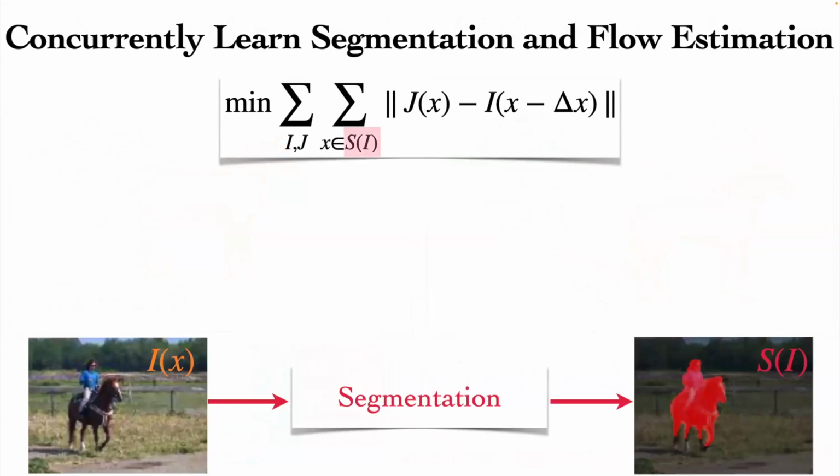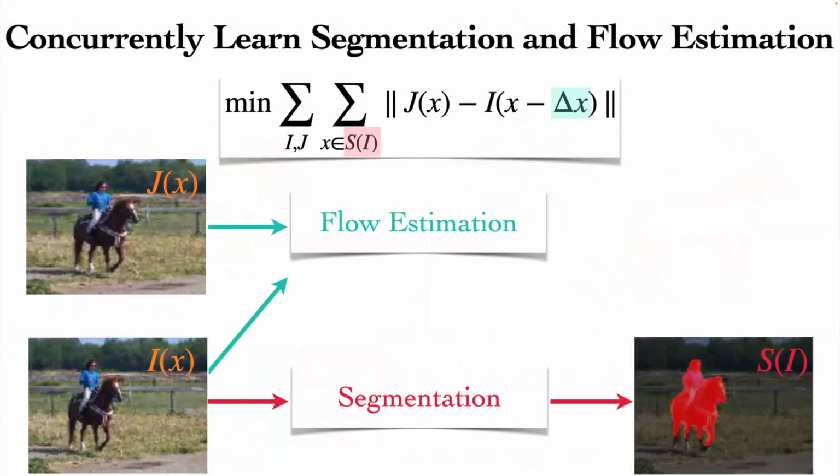So the idea is that given an image, I have a segmentation network that spits out some segmentation. I don't know what the ideal segmentation should be. Given a pair of adjacent images, I'm going to estimate flow. I don't know what that is, but it's like I'm a director setting up the stage. I tell one actor, you need to give me segmentation.